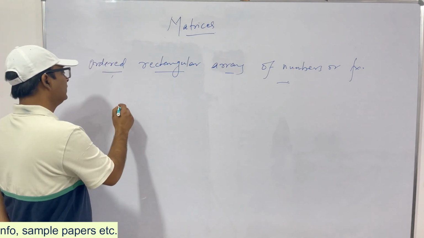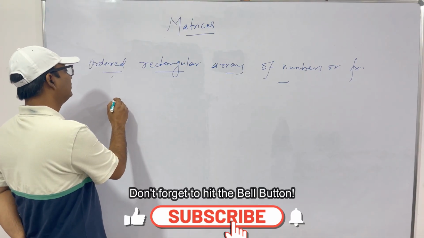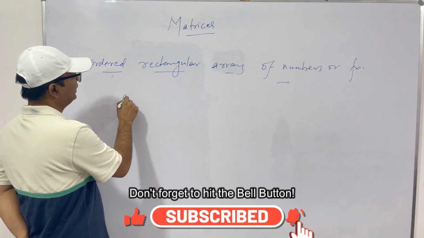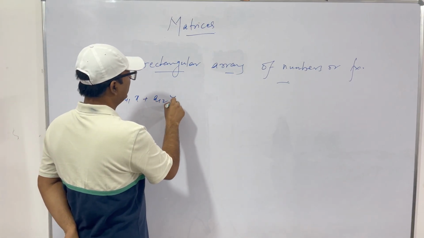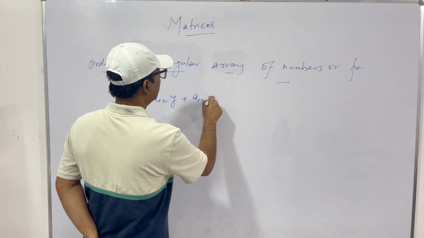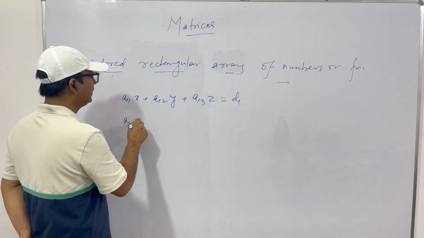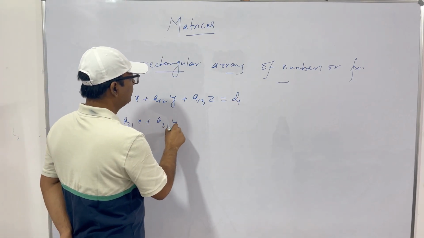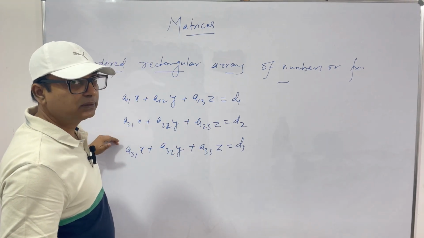Let's say I'm writing simultaneous equations with three variables. Let's say a11 x plus a12 y plus a13 z is equal to d1. Then a21 x. So we have three equations.